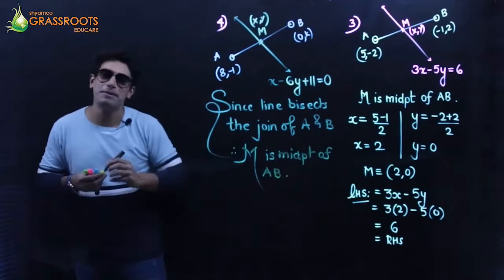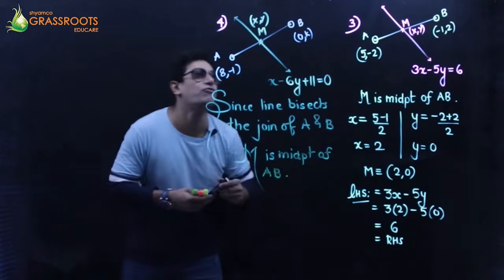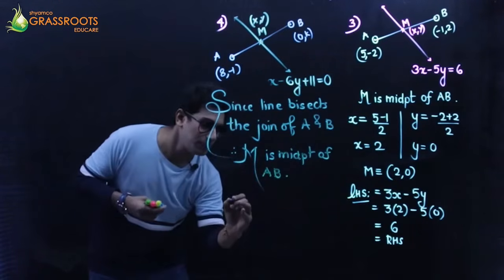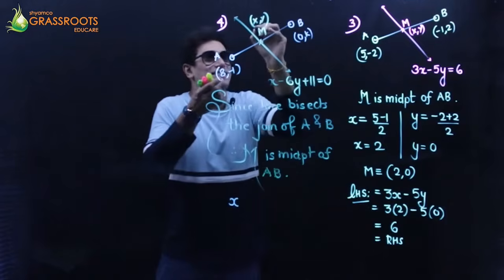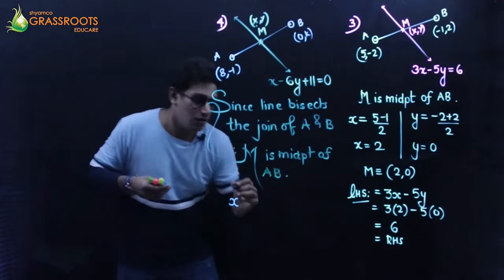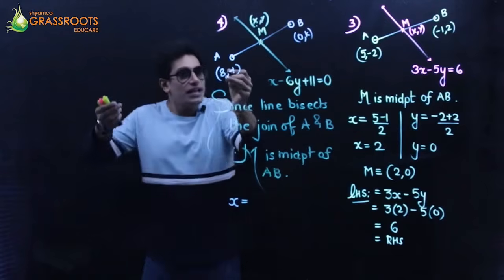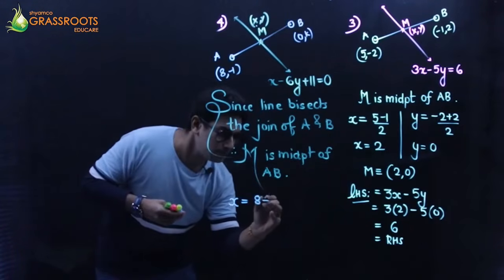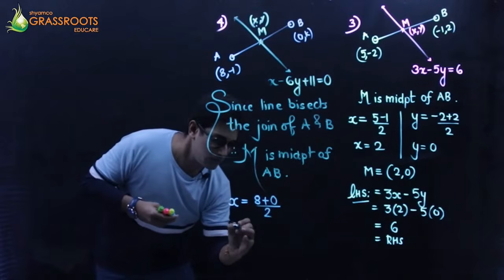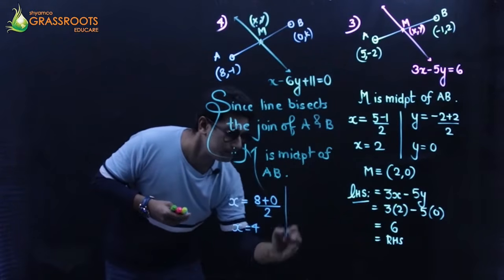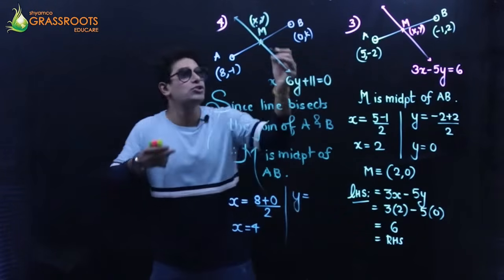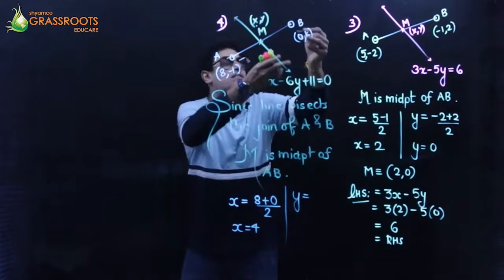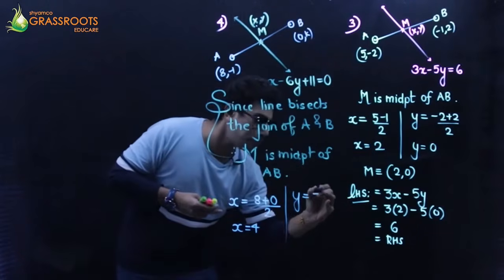So by using the midpoint formula, let's find M. x is equal to 8 plus 0 upon 2, so x is equal to 4. And y is equal to minus 1 plus k upon 2. Midpoint formula.